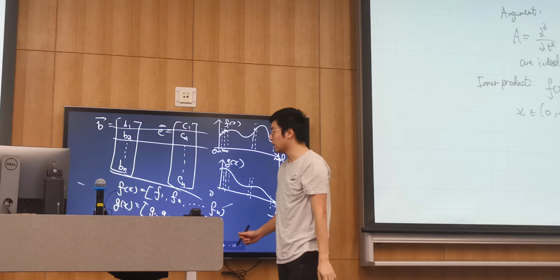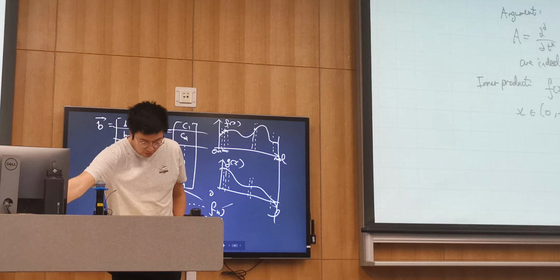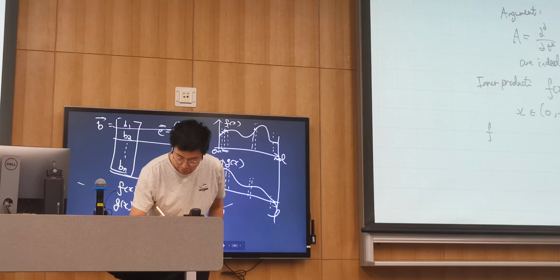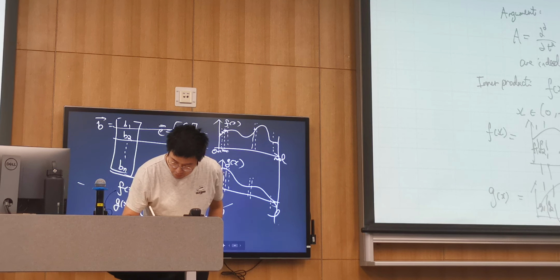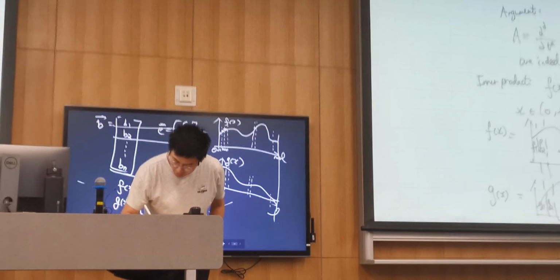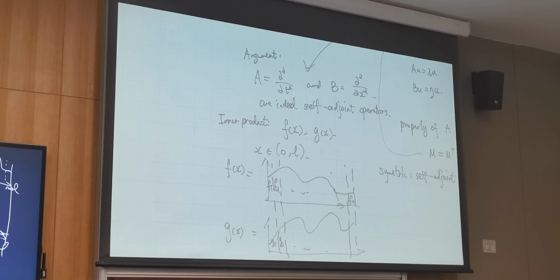So let me write it on the board. Let's say my f(x) is something like this, my g(x) is something like this. This is my f1, this is my g1, this is my f2, this is my g2, and so on and so forth. Sorry, it has to be at the same length. And this is my fn, this is my gn.